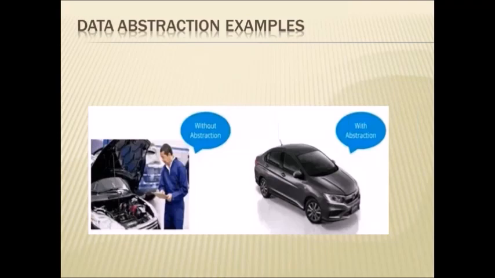And one more simple real-time example. You want to download some software from the Play Store or any other website. You simply download the executable file and you simply install that executable file. The software is automatically installed, but you don't know the internal code of the executable file. That is, how many packages that executable file uses, how many classes it uses, the internal code of the executable file.